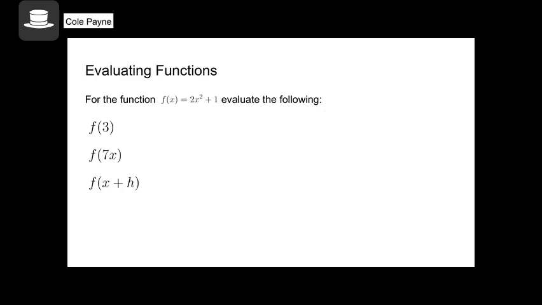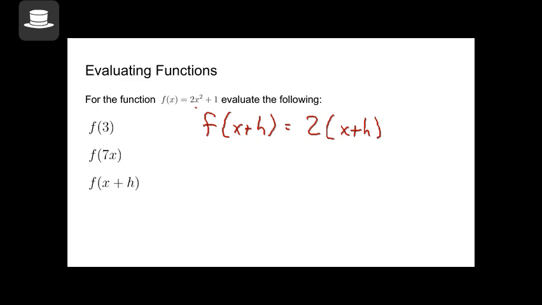And so for the last example, I have f of x plus h. So I'm going to replace all my x's in the original with x plus h. So I have 2 times x plus h squared plus 1. That's the same thing as saying 2 times x plus h times x plus h plus 1. So I'm going to distribute this out, FOIL it.